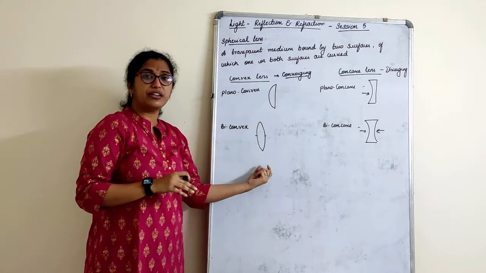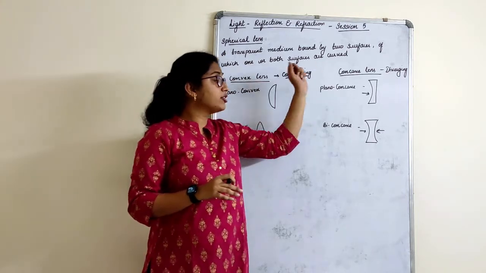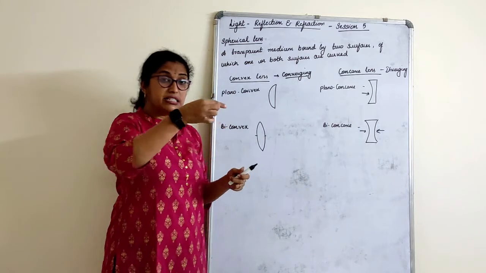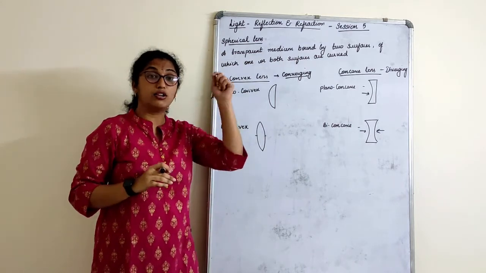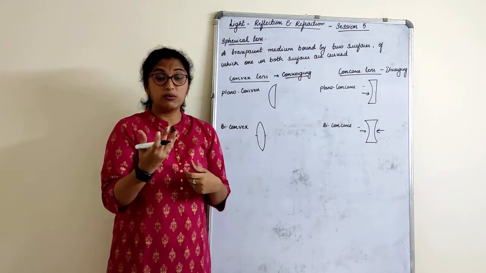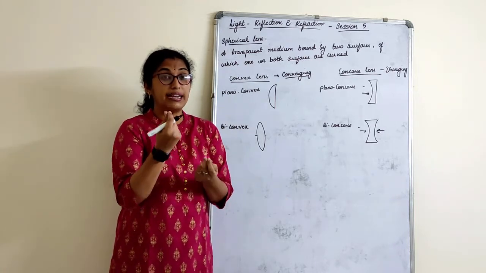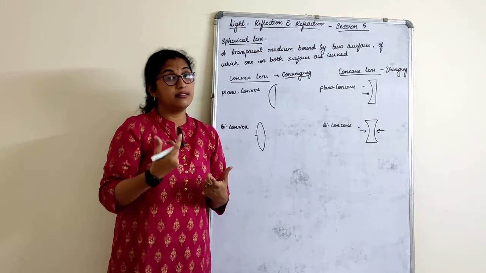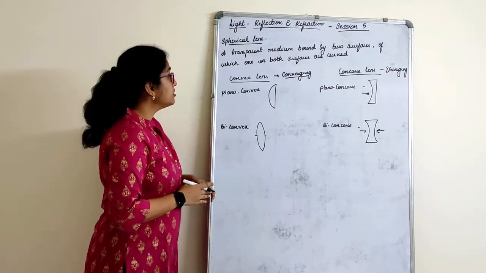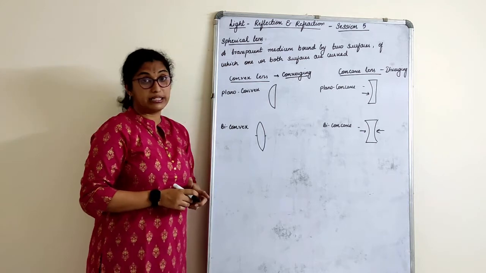You can make out by the figure how I have drawn this. In a concave lens, it is thin in the center and thick at the edges. When you hold it in your hand and touch it, you will feel how it is thick and thin. So this is about convex and concave lens.